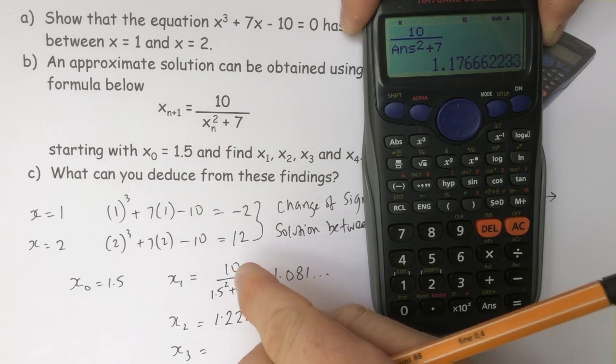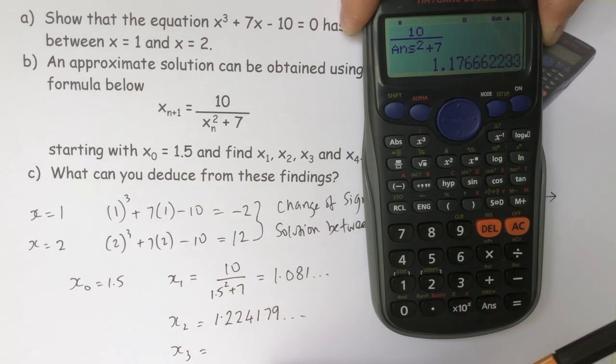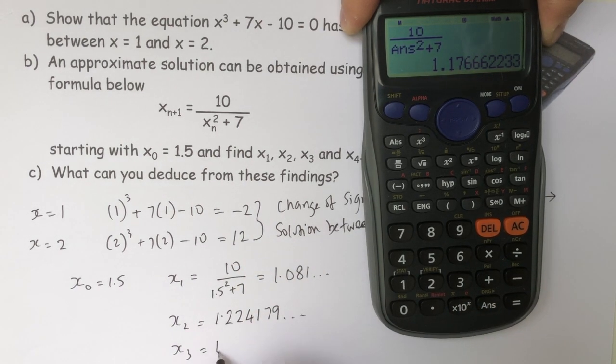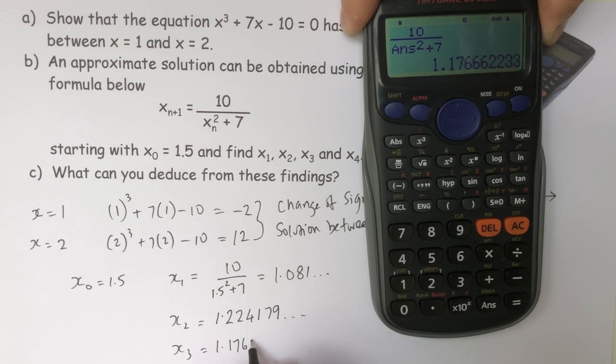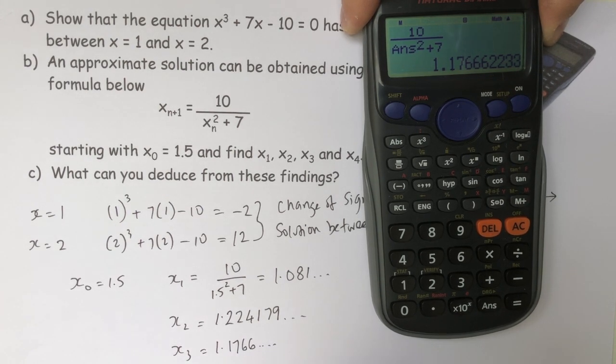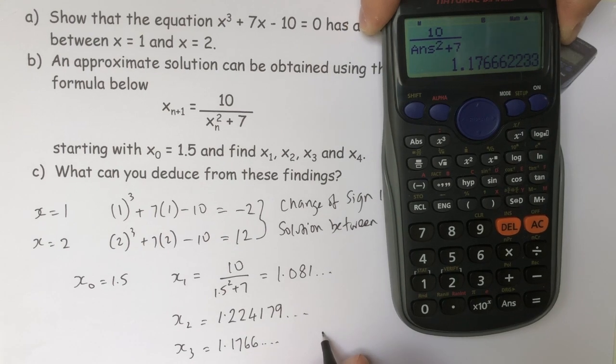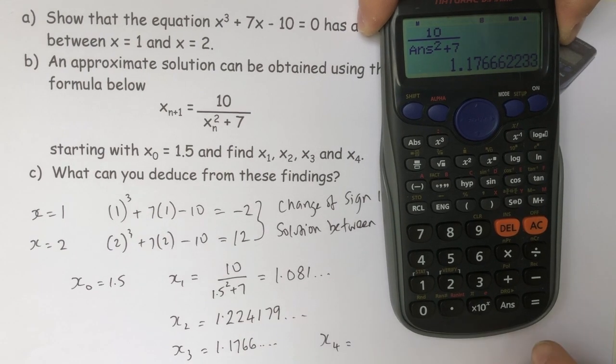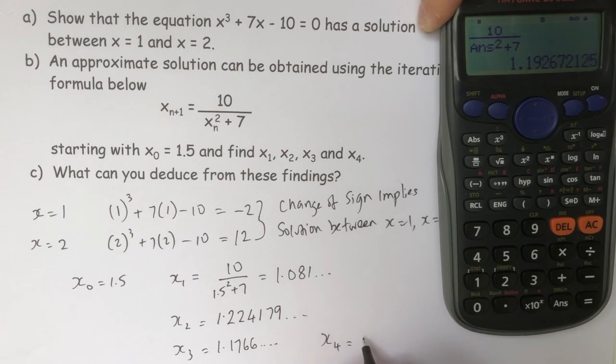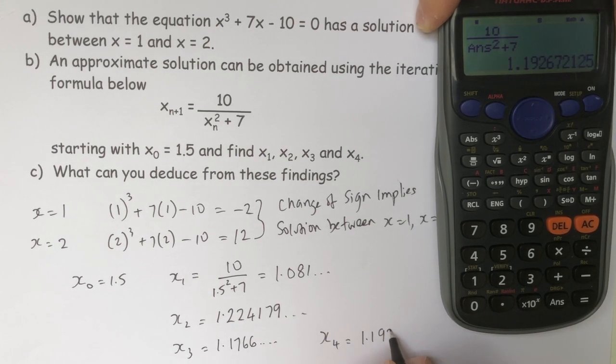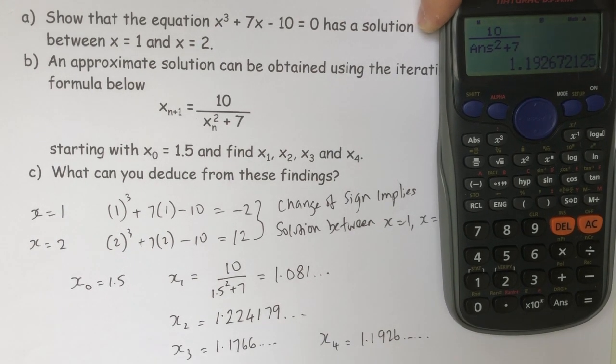So going to that trouble with that first one saves all the trouble thereafter. So there we get 1.1766, and it carries on. And if I press it again, I'll get x4 as we've been asked for, which is 1.1926, etc.